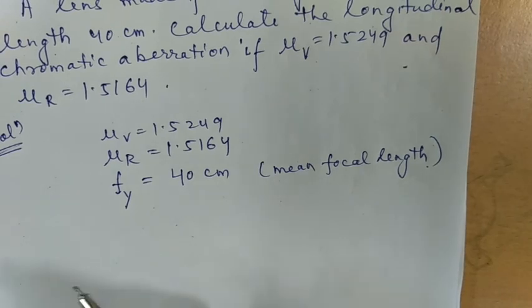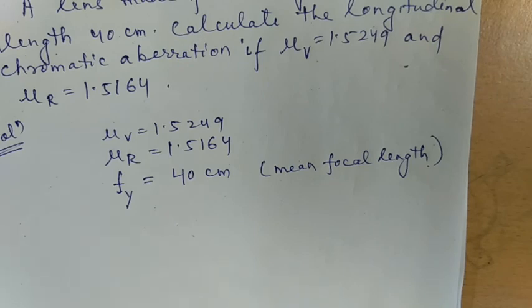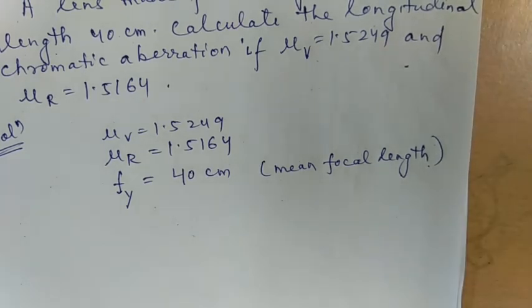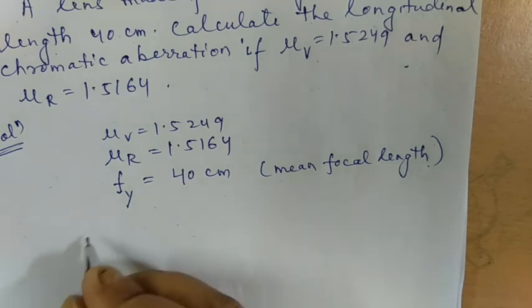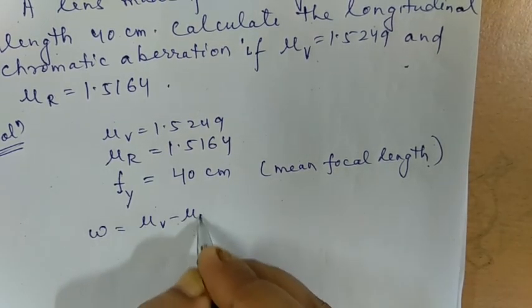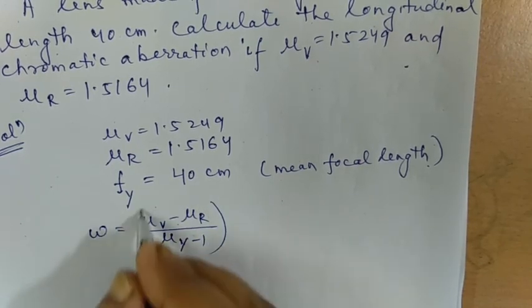Now how to calculate? You have only these values, no other values are given. So how can you calculate longitudinal chromatic aberration? In your topic you had a relation, that is omega is equal to mu V minus mu R divided by mu Y minus 1.